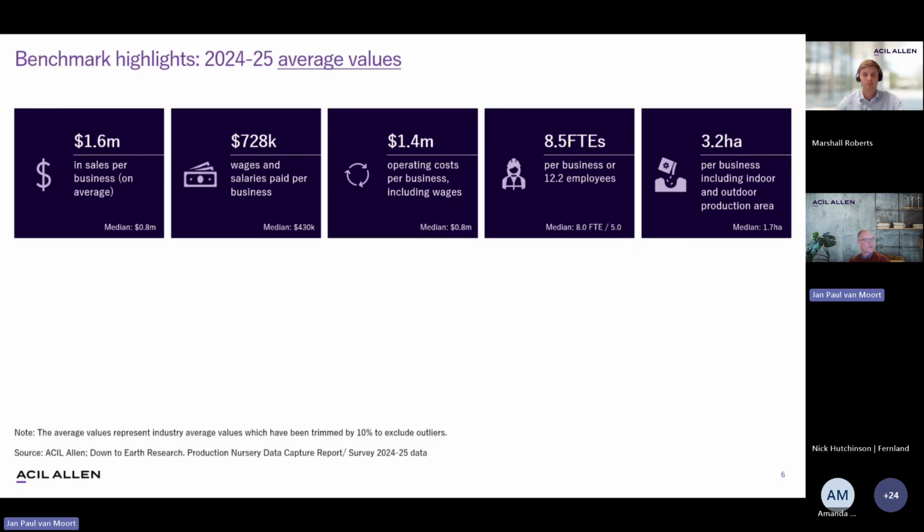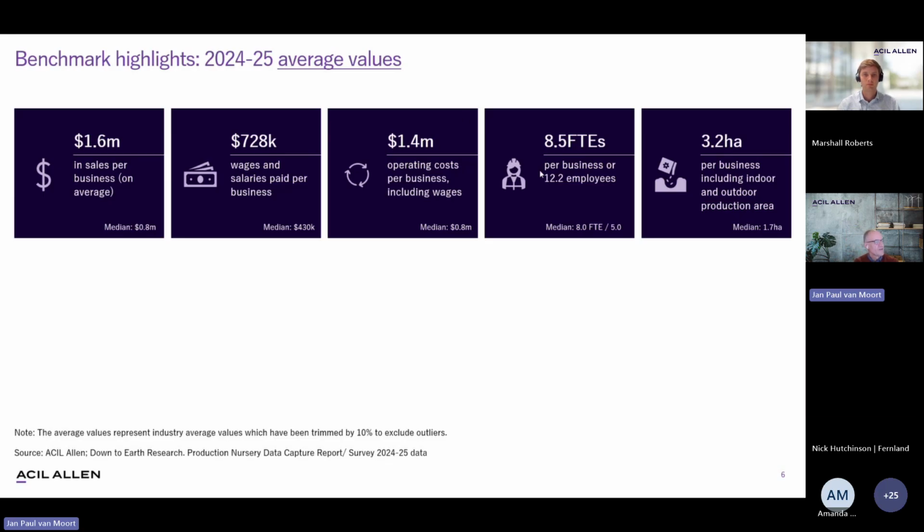Similarly, we have a bit of a skewness on wages, where the average wage bill is $728,000 against a median of $430,000. Similarly, again with operating costs, average operating costs of $1.4 million, a median of 0.8. 8.5 FTEs average, a median of 8, and 3.2 hectares area, both indoor and outdoor, against a median of 1.7.